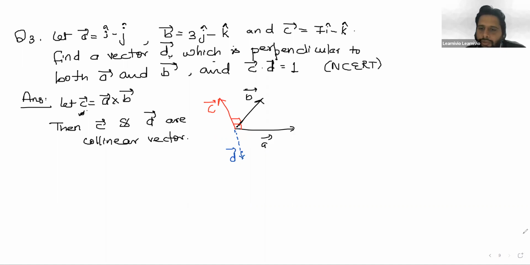Now who can tell me, if two vectors are collinear, what is the condition we have?